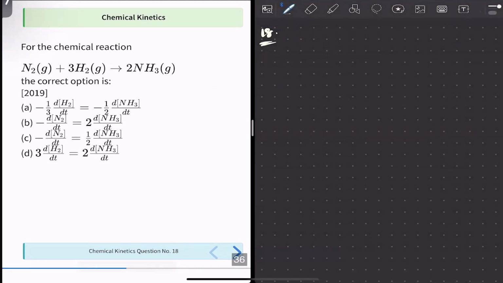Question number 18 asks: N2 plus 3H2 gives rise to 2 NH3. The options are given in terms of the rate of disappearance and rate of appearance of the reactants and products. The reaction is nitrogen plus 3 hydrogen gives 2 ammonia.